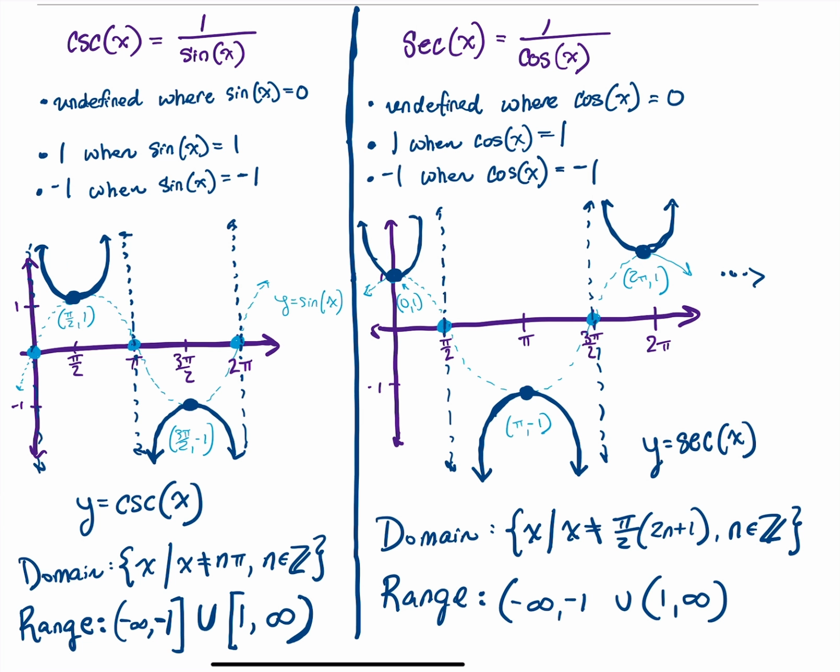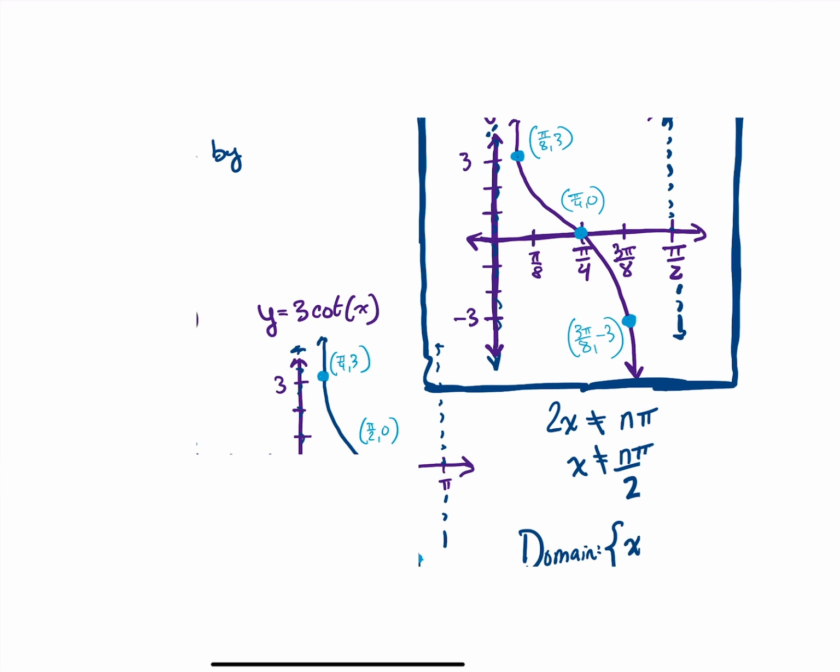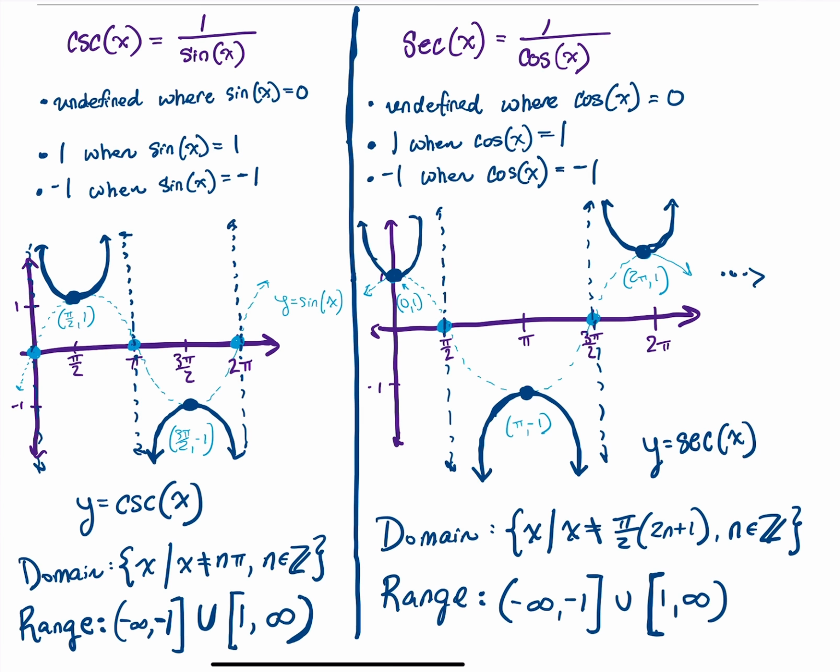So include it here and include it here. All right, and that wouldn't affect the tangent and cotangent since it's going to positive and negative infinity.